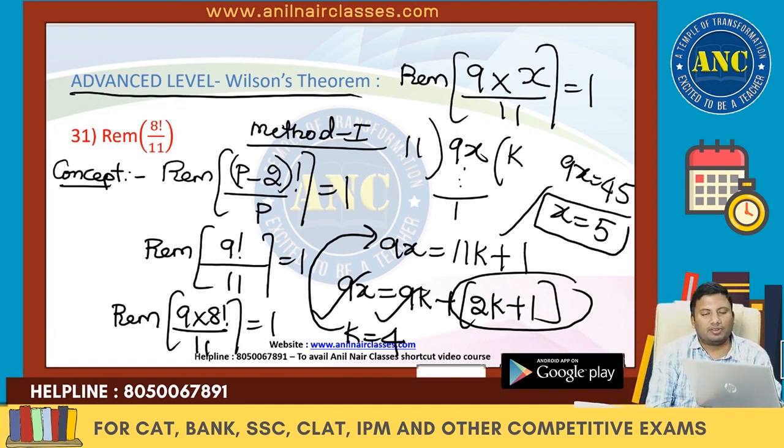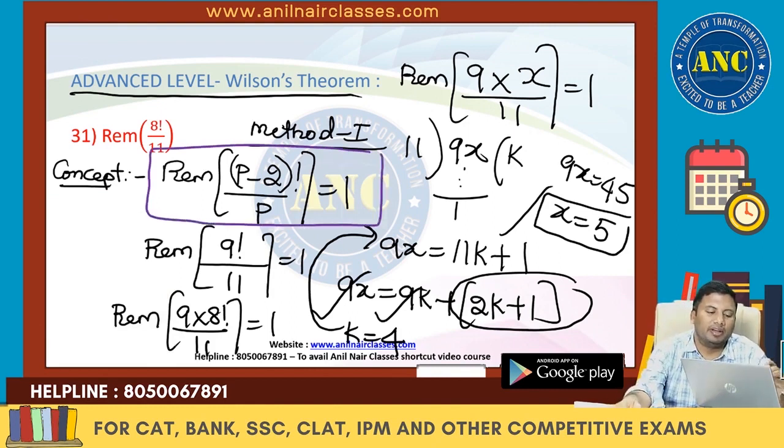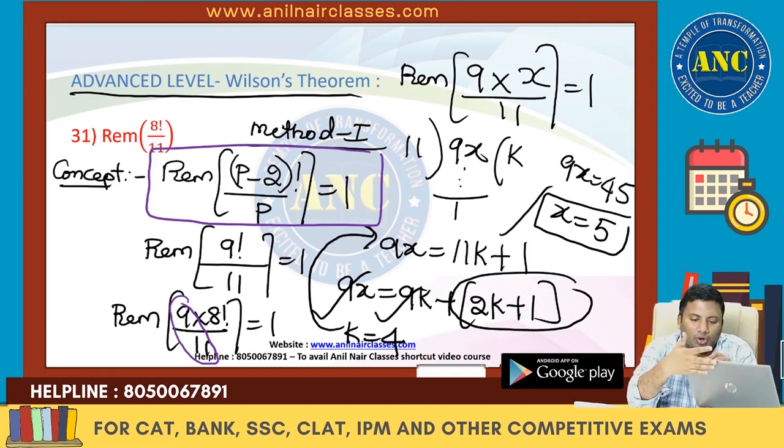P minus 2 factorial, when divided by P, remainder is 1. From this, I can do a backtracking. 9 factorial divided by 11 is 1. 9 factorial is 9 into 8 factorial. 9 by 11 is 9. 8 factorial by 11, I don't know, so I will call it x. 9x divided by 11, remainder is 1.